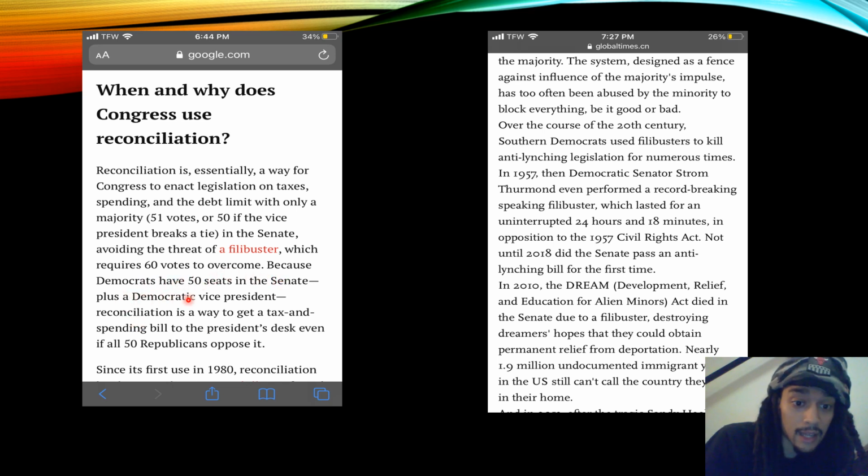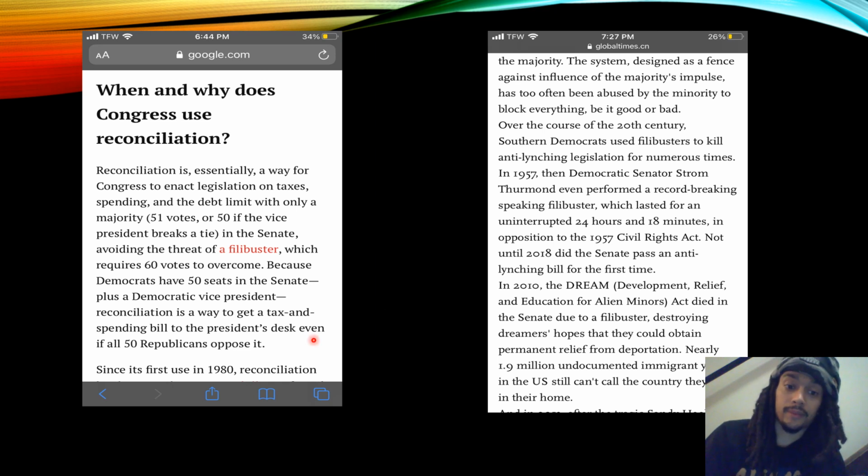Because Democrats have 50 seats in the Senate, plus a Democratic vice president, reconciliation is a way to get a tax and spending bill to the president's desk, even if all 50 Republicans oppose it.